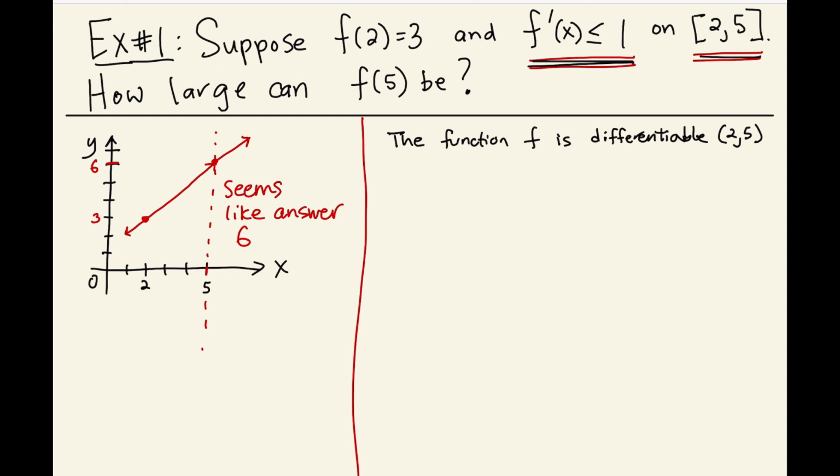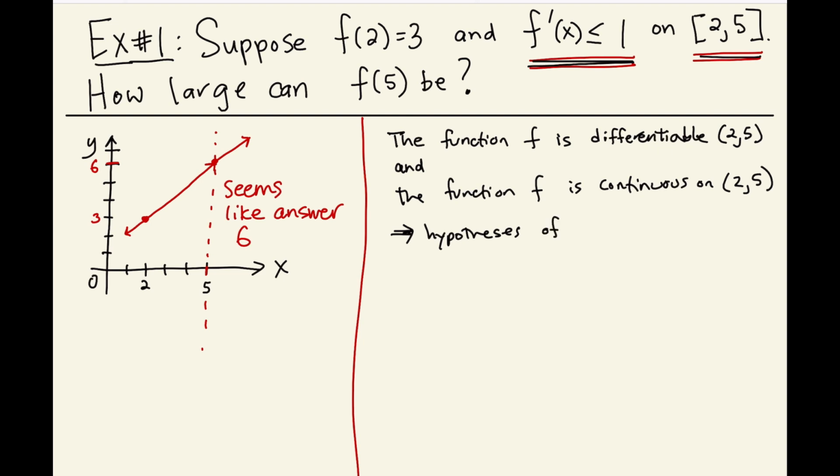Because it's differentiable on this interval, we also know that the function is continuous, because differentiability implies continuity. So this implies the hypotheses of the mean value theorem are satisfied. And what that means is that the conclusion holds.